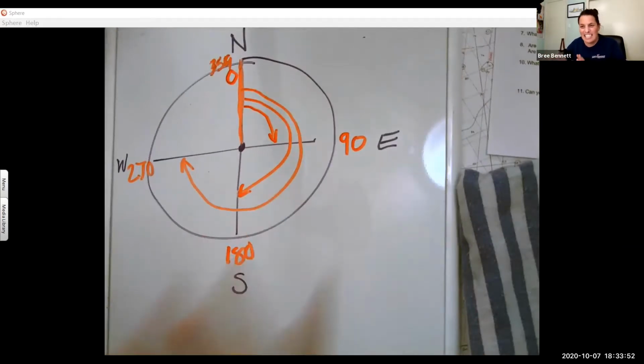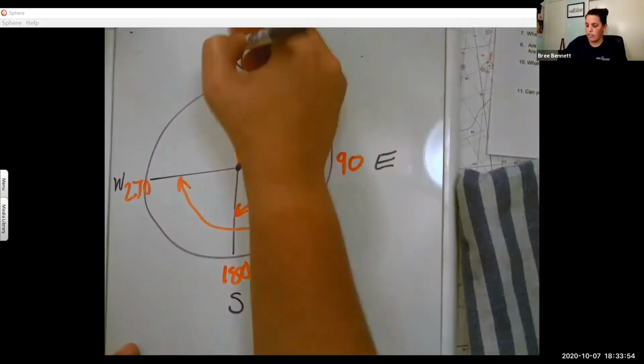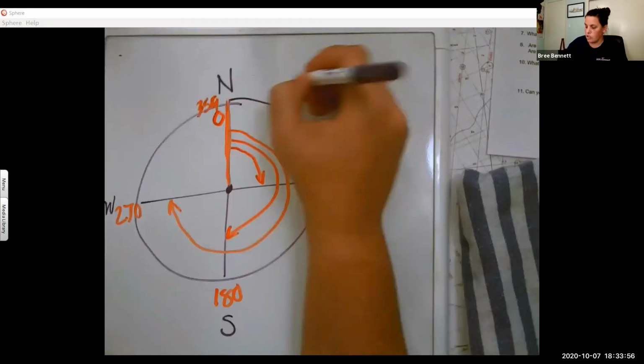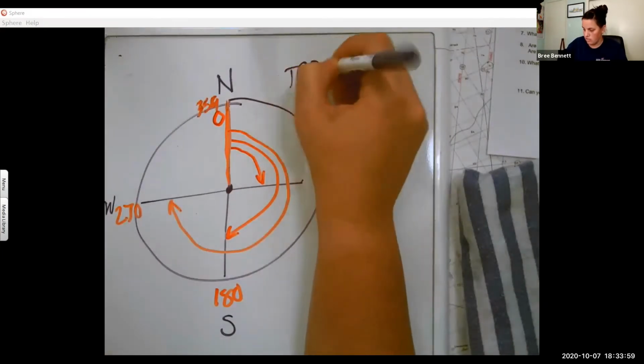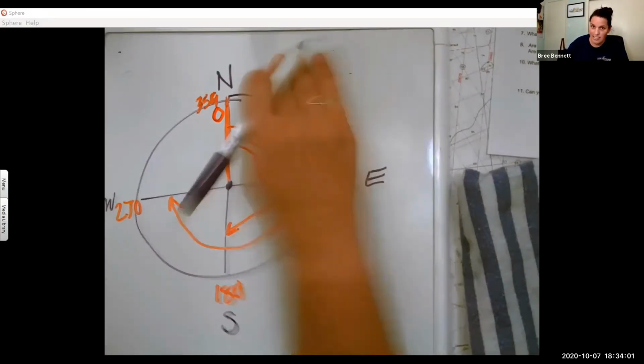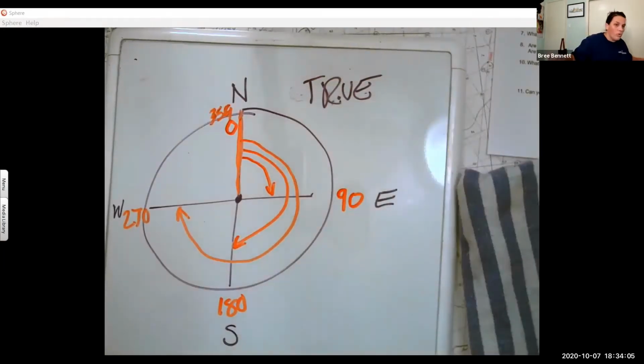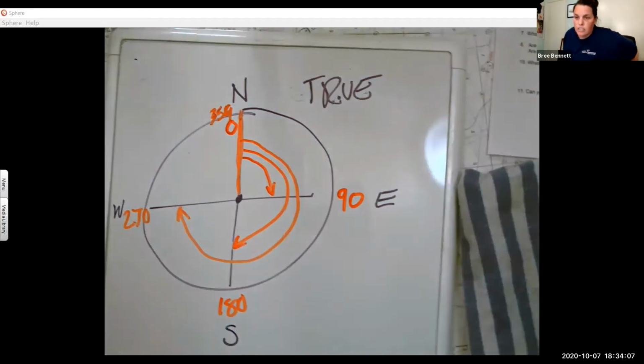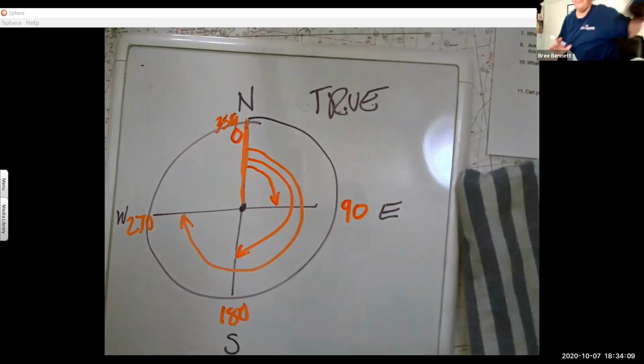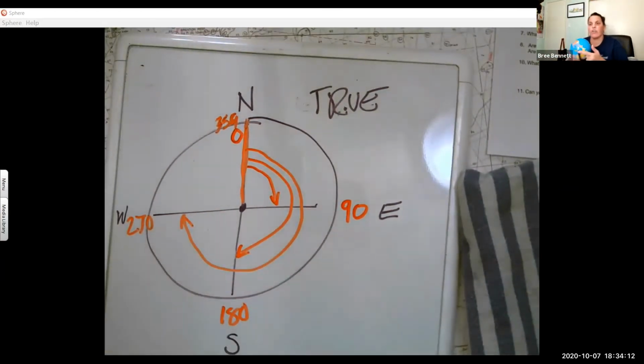North is our reference, and this is for any compass. Now, when we have that tilty compass, if this is true, then that north point is going to that geographical north point on the globe. That's kind of our made up true north, and that's where we're referencing everything from.